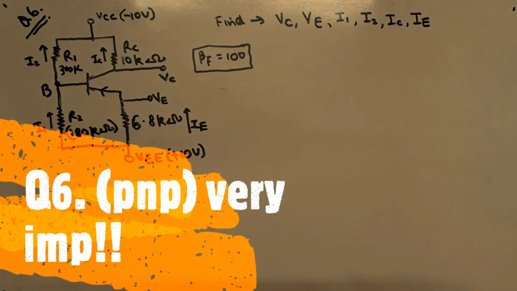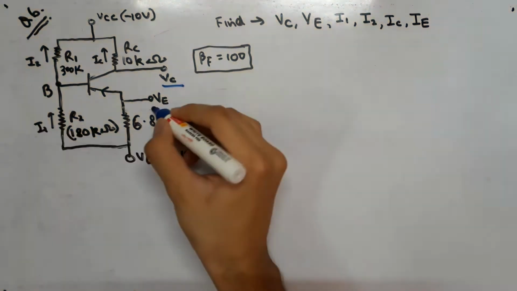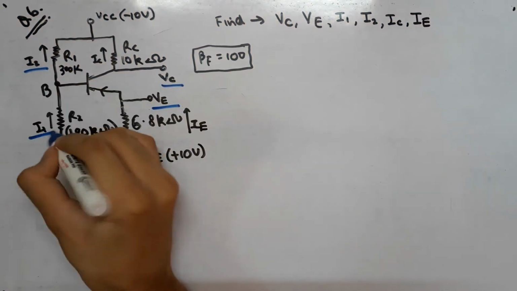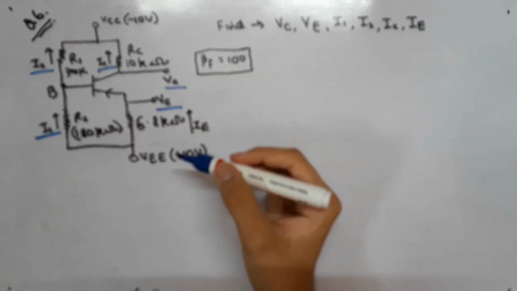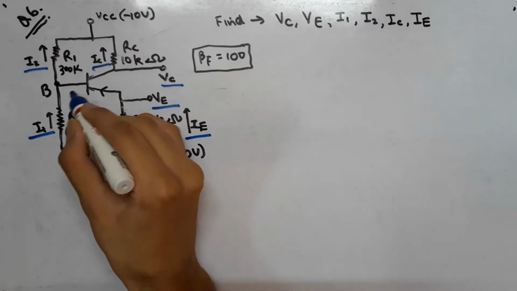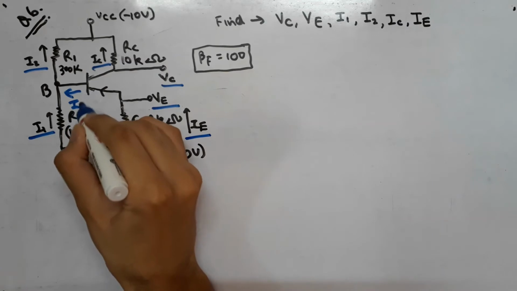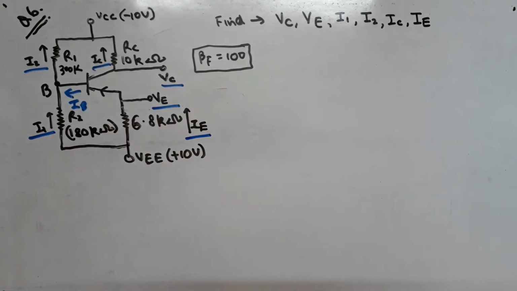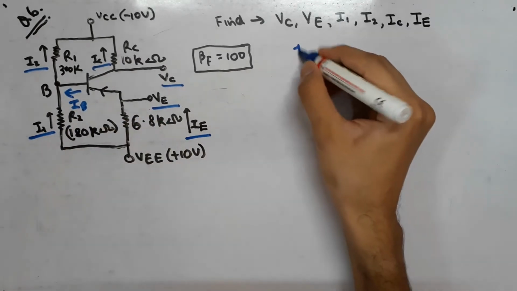Now in question number 6, we have to find all the node voltages and node currents, that is VC, VE, I2, I1, IC and IE and IB also, which will flow from here. Now first of all we will draw the Thevenin equivalent circuit.